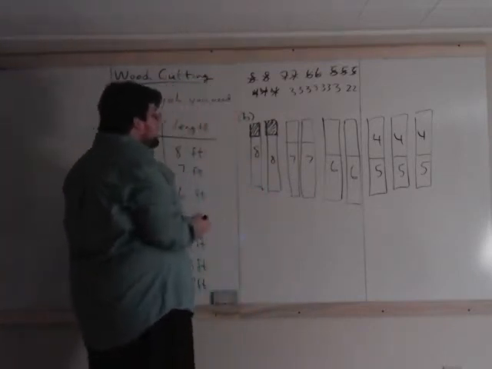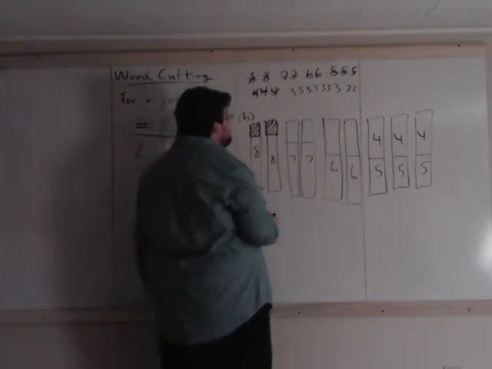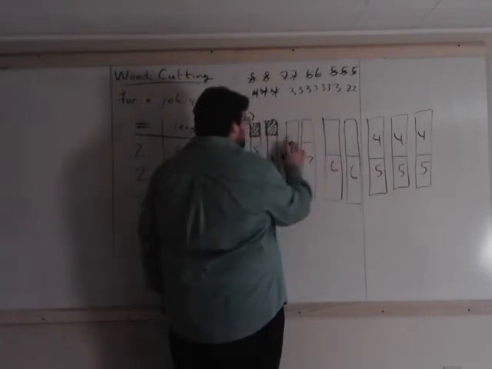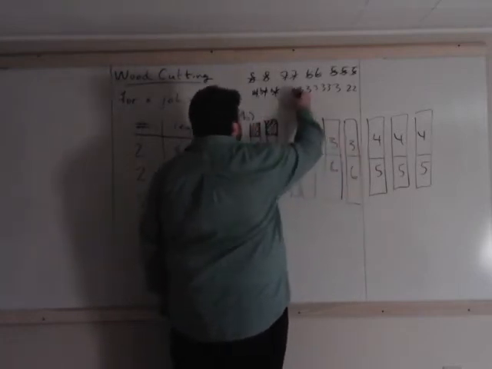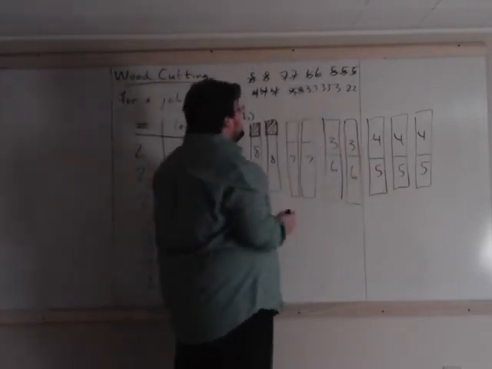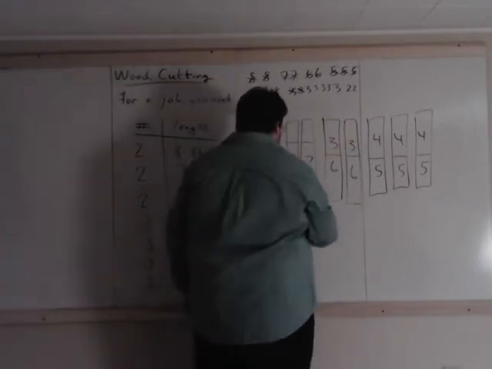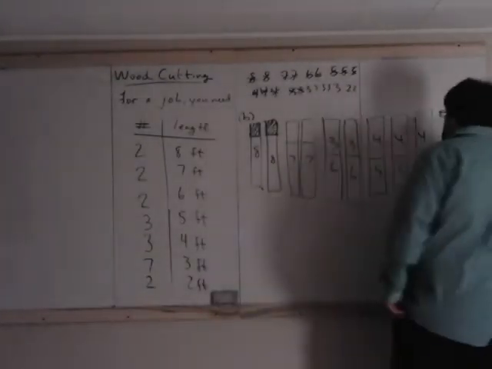Well, that's great. Now we have 3s left. 3s can't go here, but 2 of them can go there. And now we need new boards. I guess I'll be able to fit them over here.